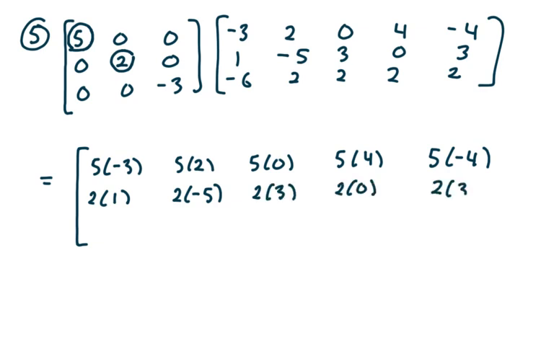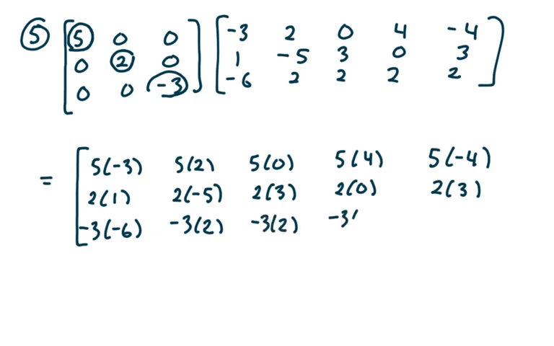And then I'm going to take negative 3 times every entry in that second matrix. Negative 3 times negative 6, negative 3 times 2, and so on, just like this. Go to the next line.